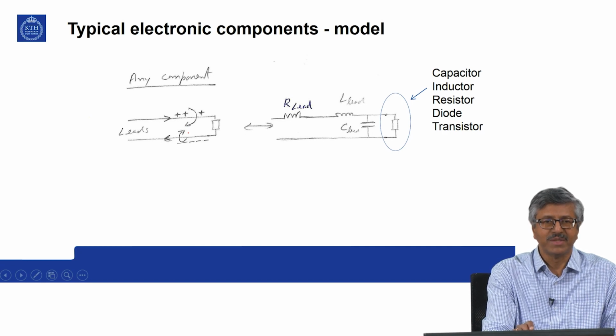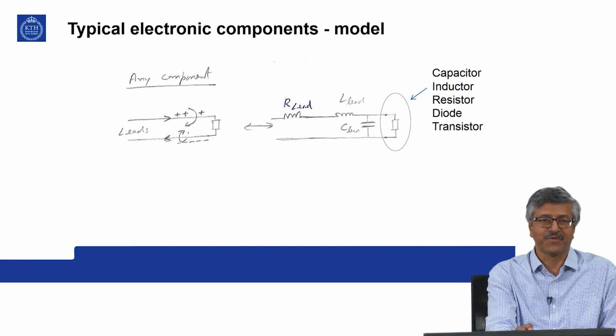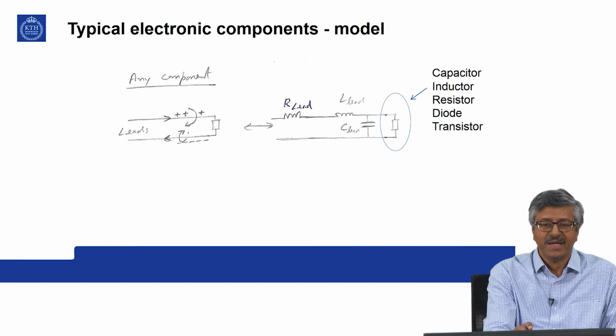So, you can think of some parasitic capacitance and parasitic inductance associated with it. Parasitic means that like a parasite, it is not supposed to be there, but of course it is there in that sense. It is kind of unwanted like a weed.